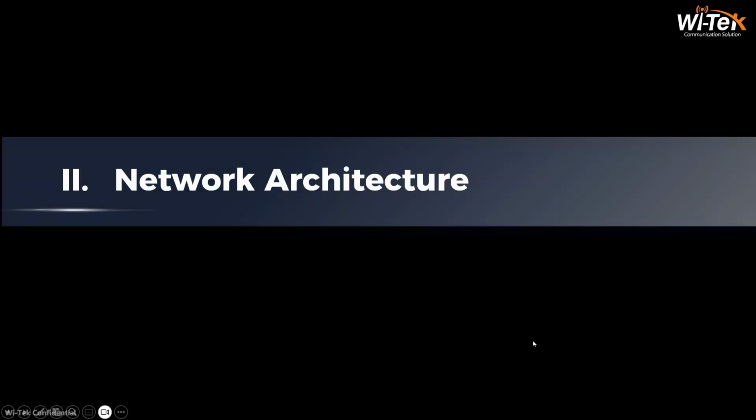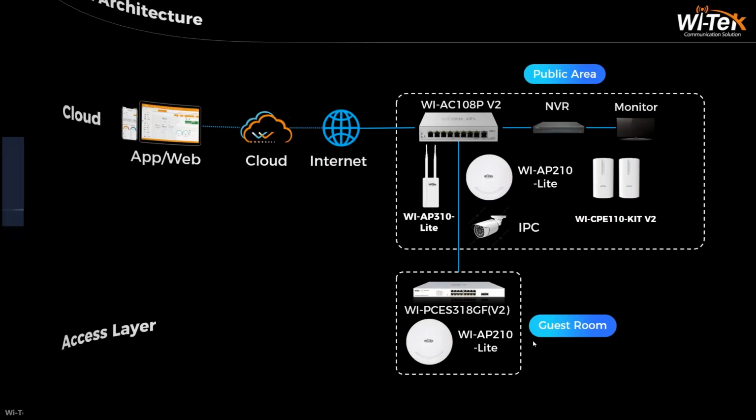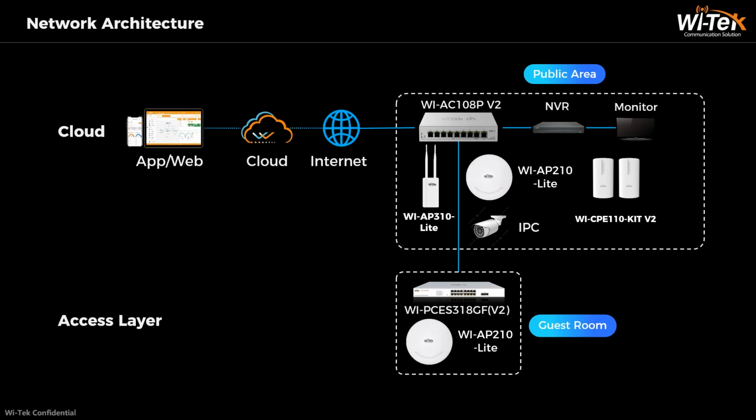Okay, let's move to the network architecture. As we know, a traditional Ethernet network must have three levels: the access layer, the aggregation layer, and the core layer, right? But for an economic hotel this is very simple.